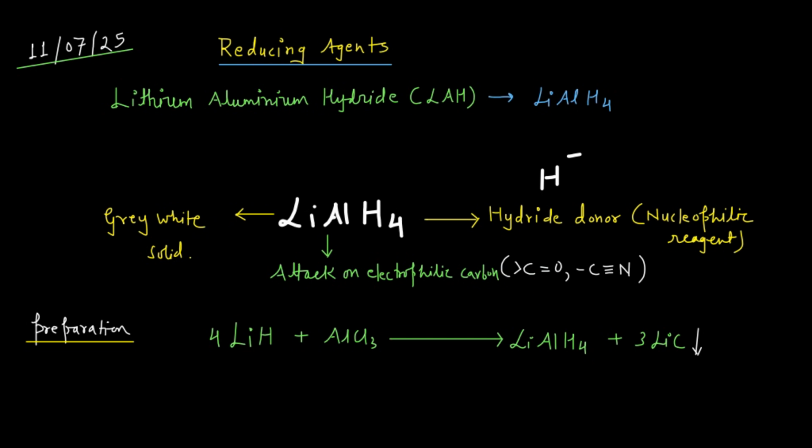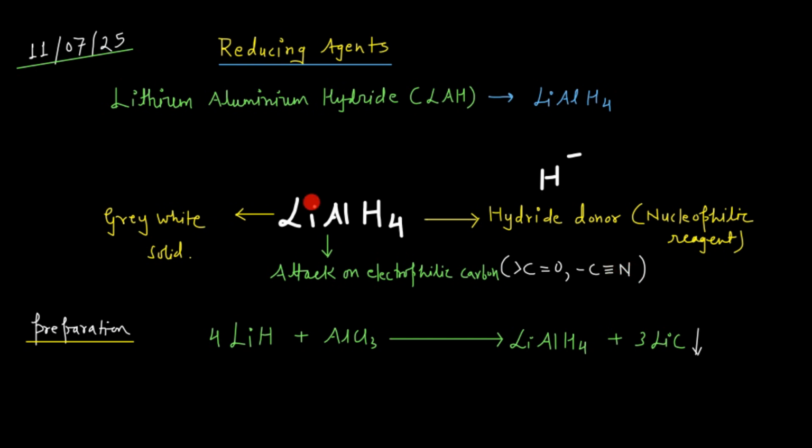However, the same work can be done by sodium borohydride as well, but sodium borohydride cannot reduce acids and acid derivatives generally. So for the reduction of acids and acid derivatives, we use lithium aluminium hydride. Along with carbonyl compounds, cyanides, which are generally known as nitriles, can also be reduced with lithium aluminium hydride.